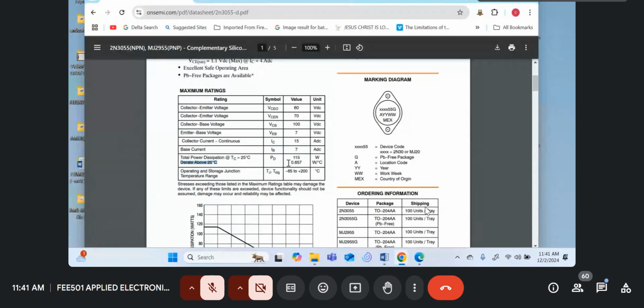For each degree centigrade rise, you decrease the power by 0.657.